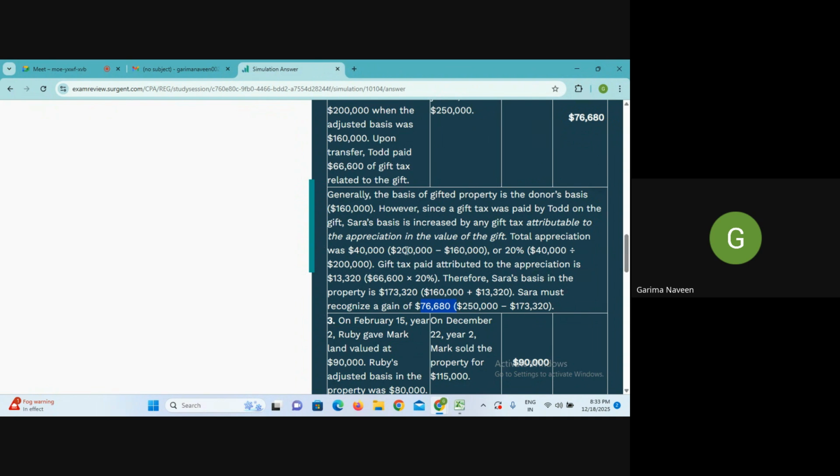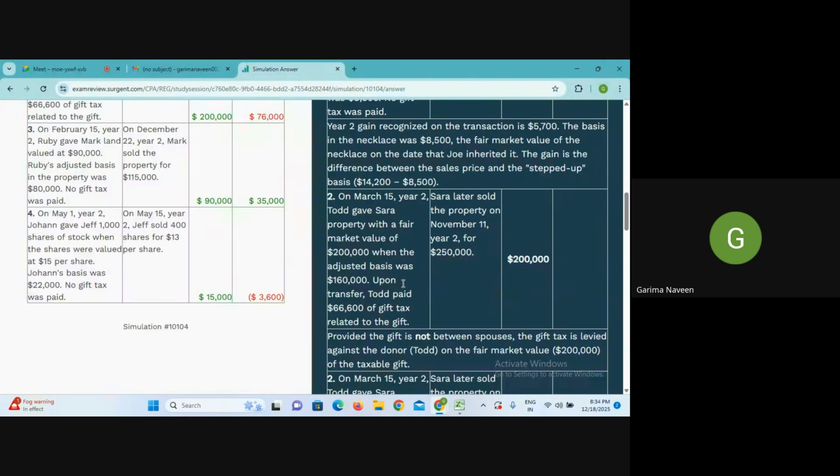They have taken the appreciation, then proportioned the taxes related to appreciation and added this to the basis, then calculated the gain. Was this the calculation you did, or did you change something? No, ma'am, I did not change anything.